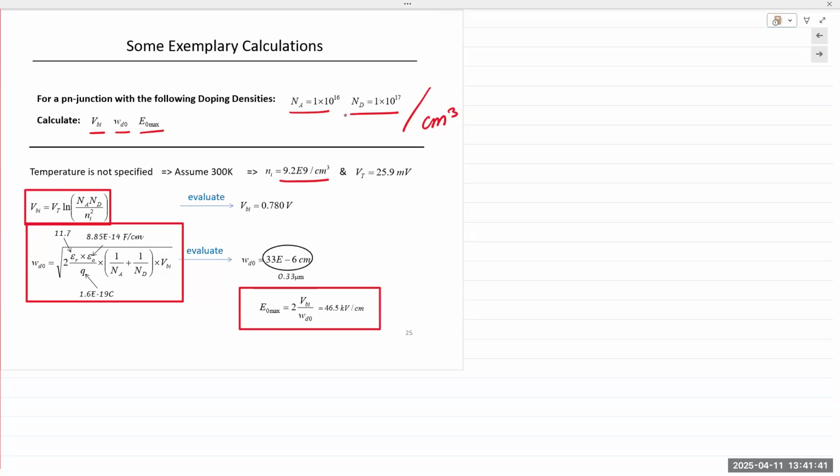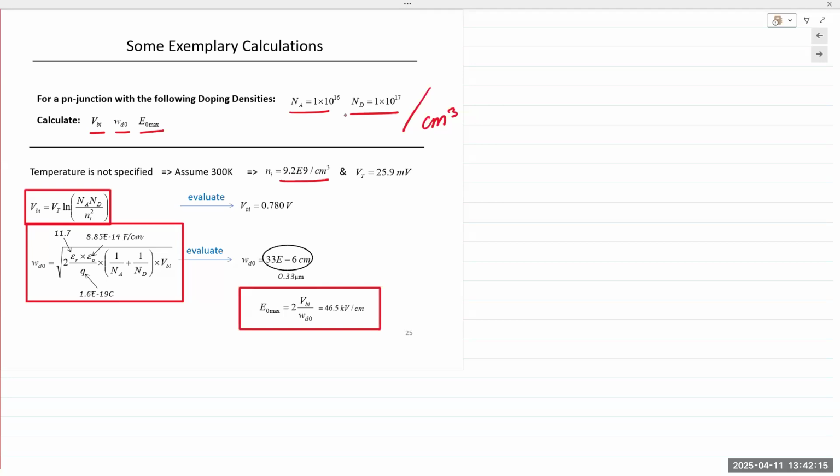Okay, but it's Ni square, so it's per 10 raised to minus 3 times 10 raised to minus 3. Okay, Ni square. So you have to be careful that you resolve all units and all unit prefixes. I always like to resolve it all the way down to meters. So if it's micron, I'll convert it by 10 raised to minus 6. If it's centimeters, 10 raised to minus 2 or 10 raised to 2. Okay. So be careful when you plug those values in.